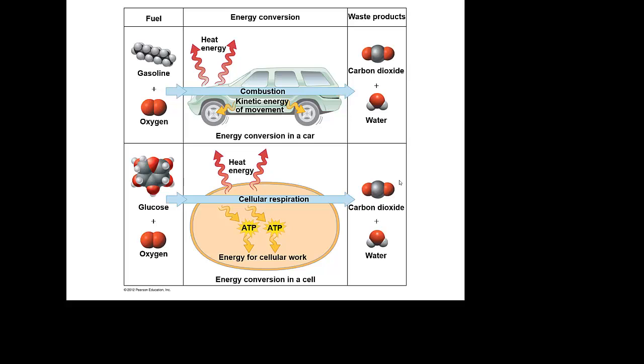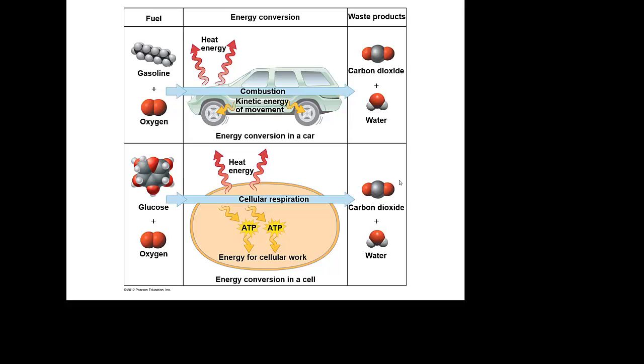So in your car and in you, the process is not all that different. We take in fuel of some sort, so gasoline for your car, glucose or sugars for you, and we add oxygen. When we do that, your cells, by cell respiration, are going to be able to convert that glucose into carbon dioxide and water, and actually in the meantime store some ATP and again use it later for cellular work.